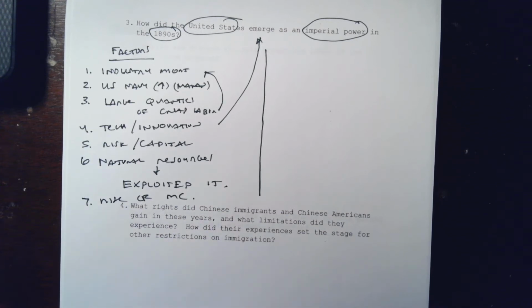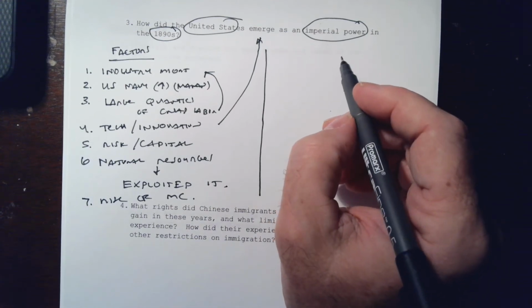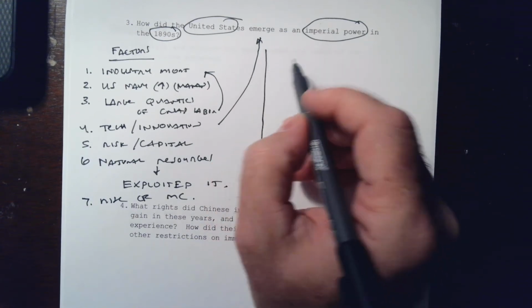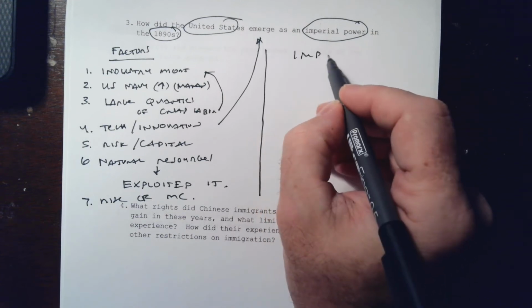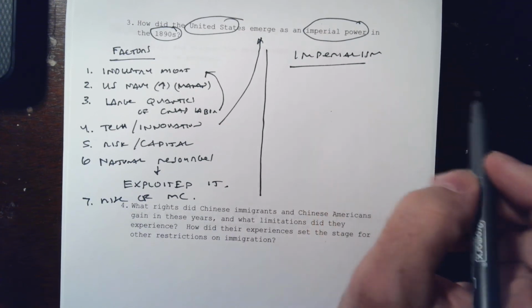All right, these are all things: better pay, better jobs, industrial might, technology. All these things are going to allow us to merge. Now, with regards to this imperial power, when you get to this next section, remind us what imperialism is, all right?